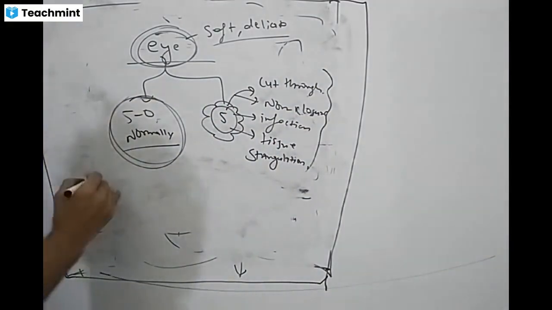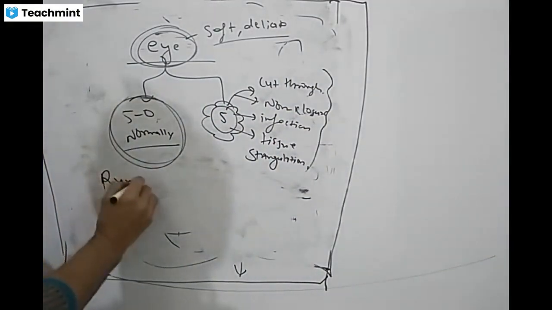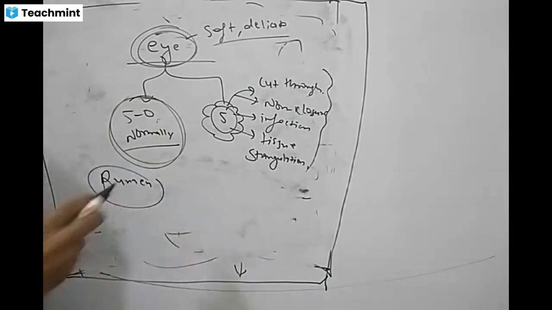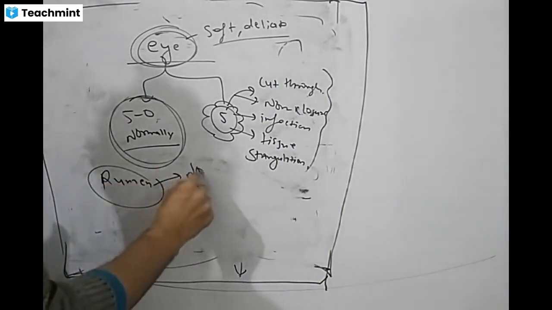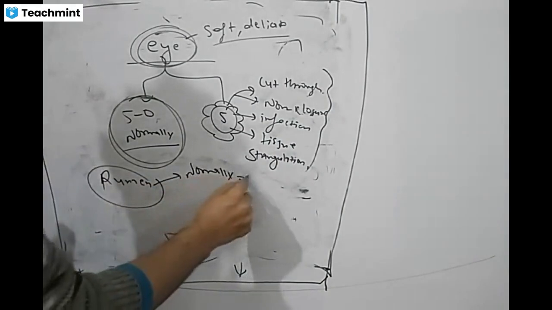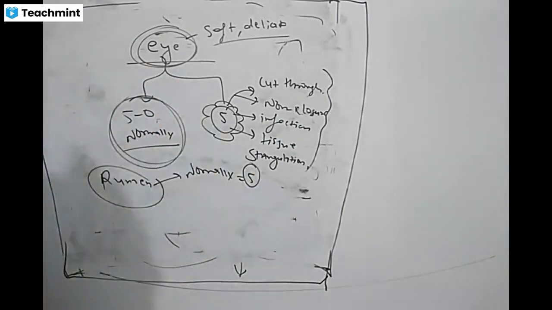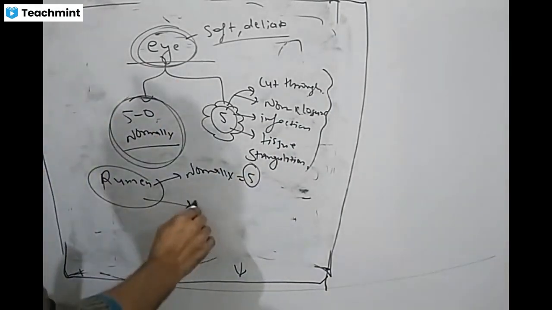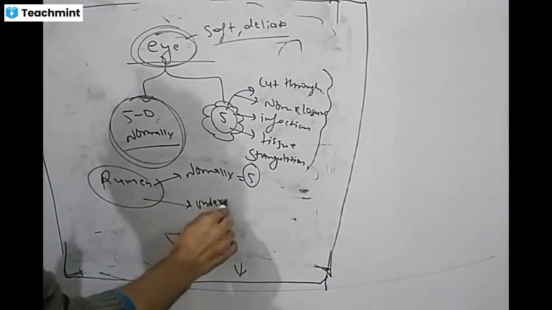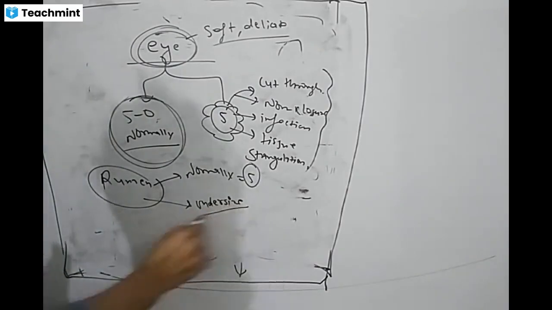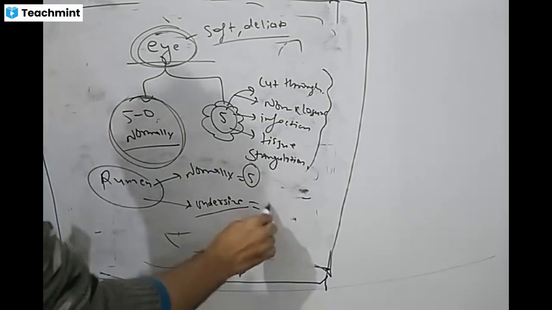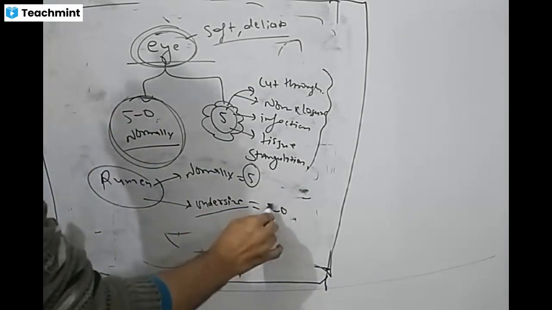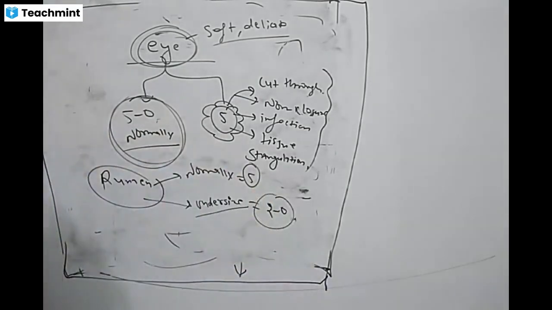Another example is the rumen. We normally close the rumen with number 5. If you use an undersize, suppose you are using 2-0, then what will happen?